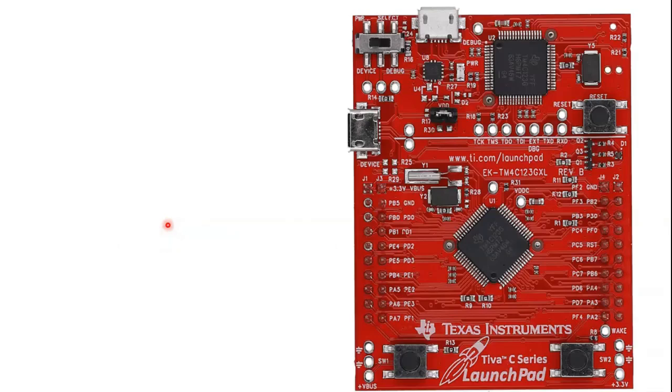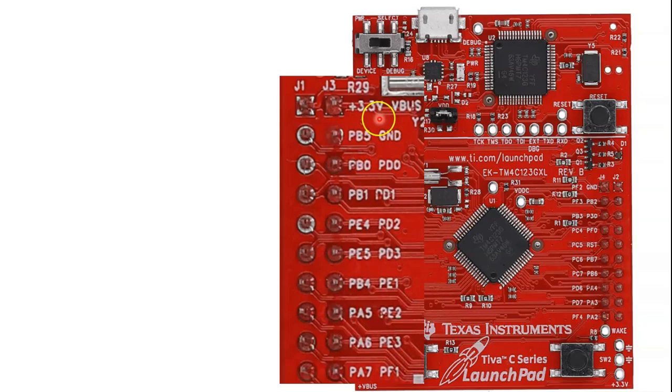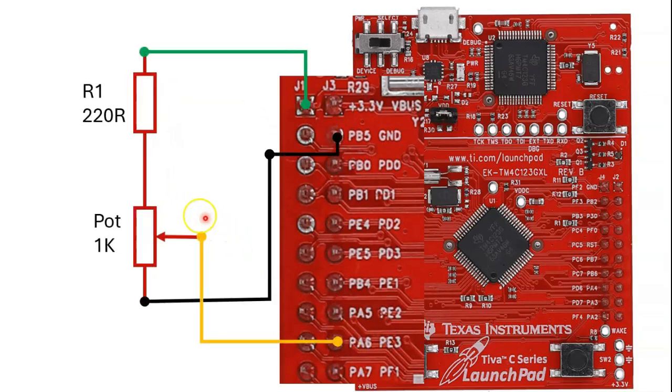The hardware setup. So here is the hardware setup, and here is the TM4C123G LaunchPad Board, and I would like to focus on these pins here. All right, so I've expanded it, and here is the schematic. So we have an R1 resistor, which is a 220 ohm resistor. Then I have a 1K trimmer potentiometer.